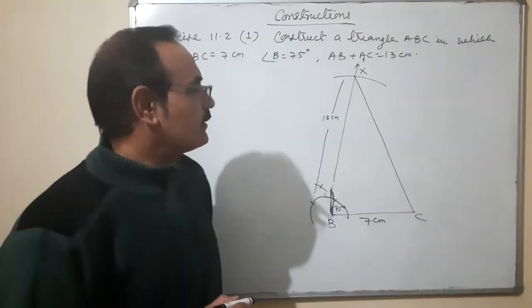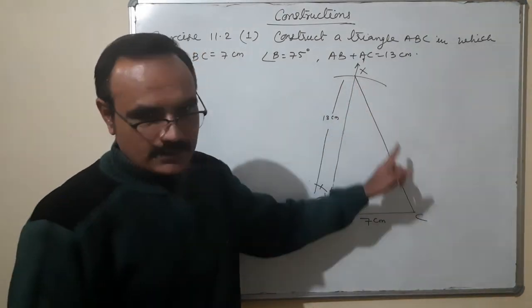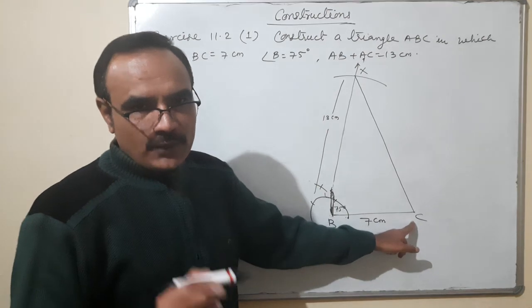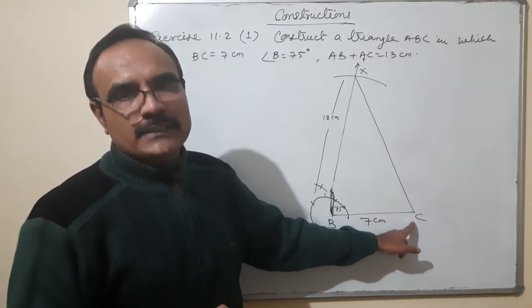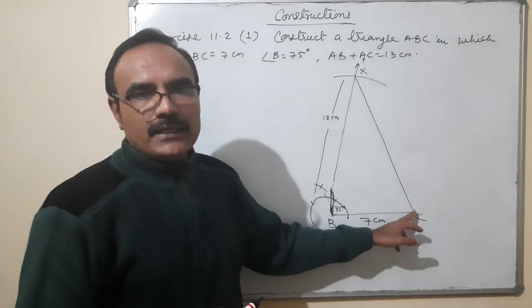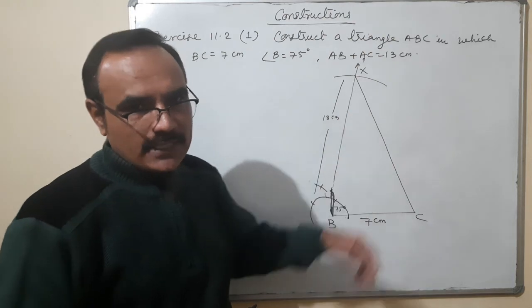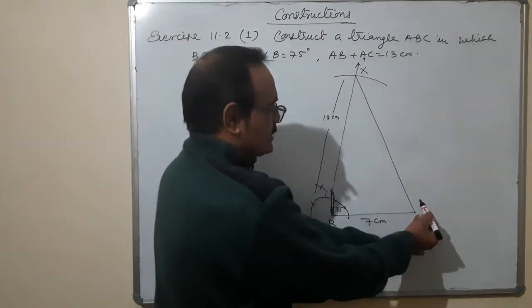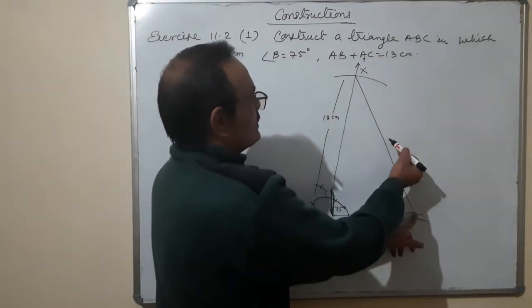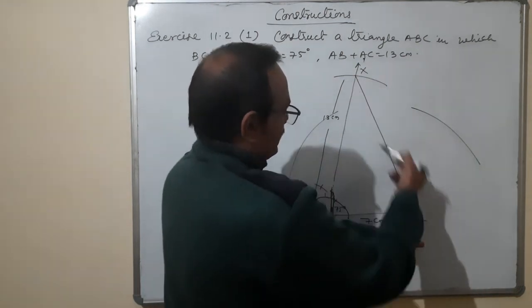Now what should be done? We are going to draw the perpendicular bisector of CX. For that, with C as a center, taking a radius of more than half of CX, draw two arcs on either side of CX.